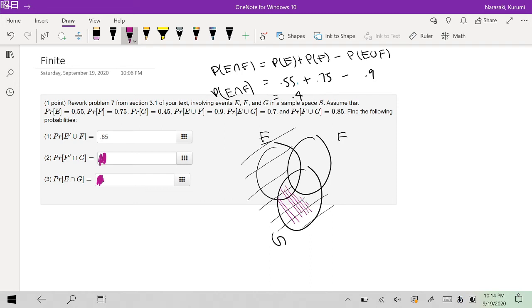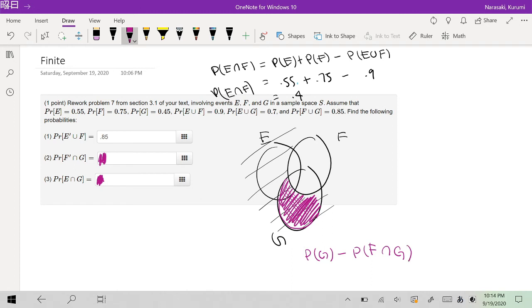So we want to find where these two, black and purple, overlap, which just happens to be this area right here. Notice something? Yeah, I know you guys do. You guys are all smarticle pants. You notice that this is just the probability of G minus the probability of F and G.